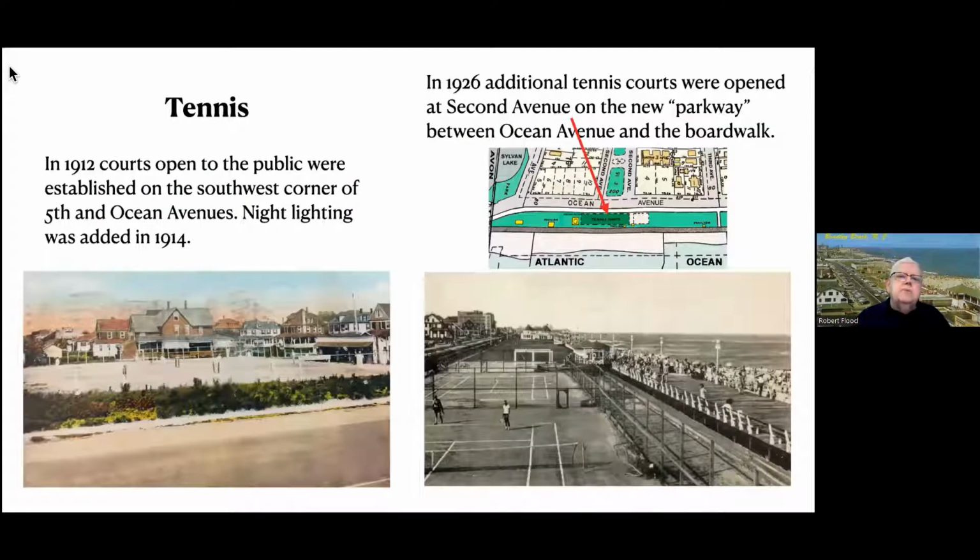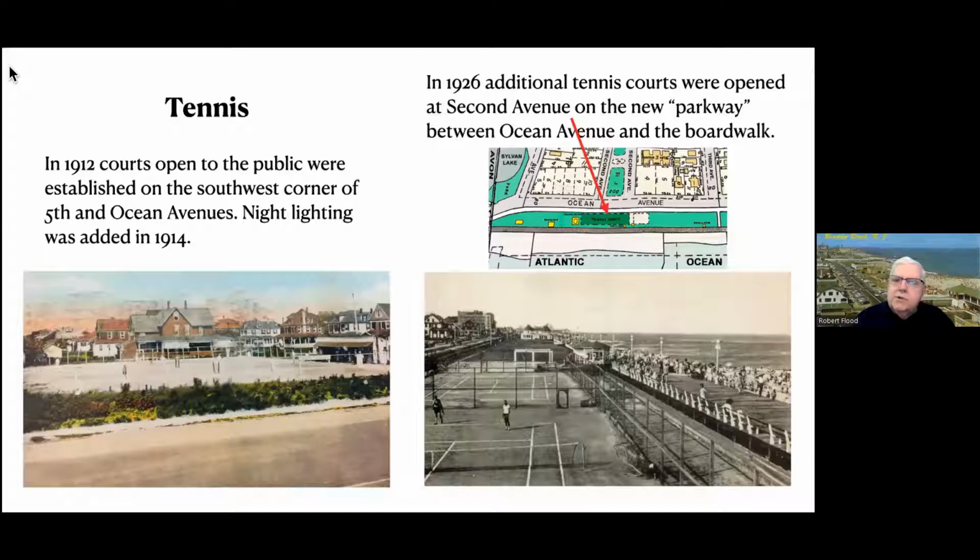Tennis becomes a really big sport at this same time period. It's already been established at the Lorraine Hotel, and now those are private courts for the residents of the hotel. But in 1912, the courts are open to the public on the southwest corner of 5th and Ocean Avenues. They even install night lighting on the public courts in 1914.